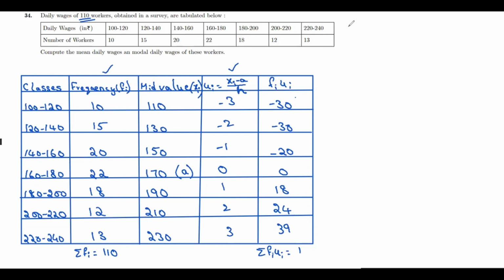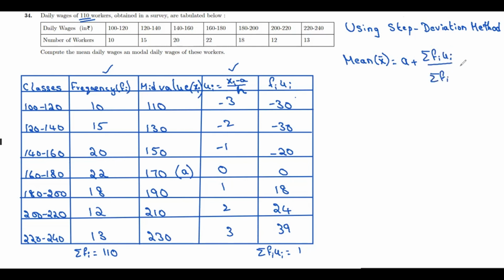So now, according to the step deviation method, mean is equal to A plus sigma fi ui by sigma fi into h.